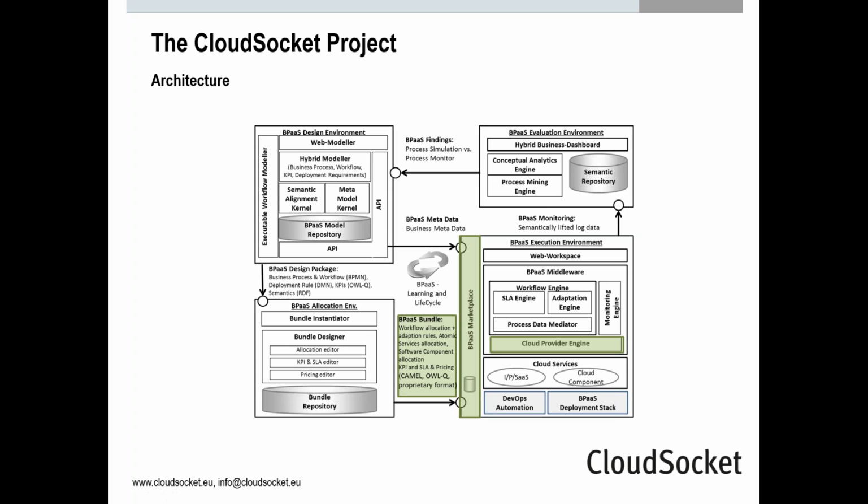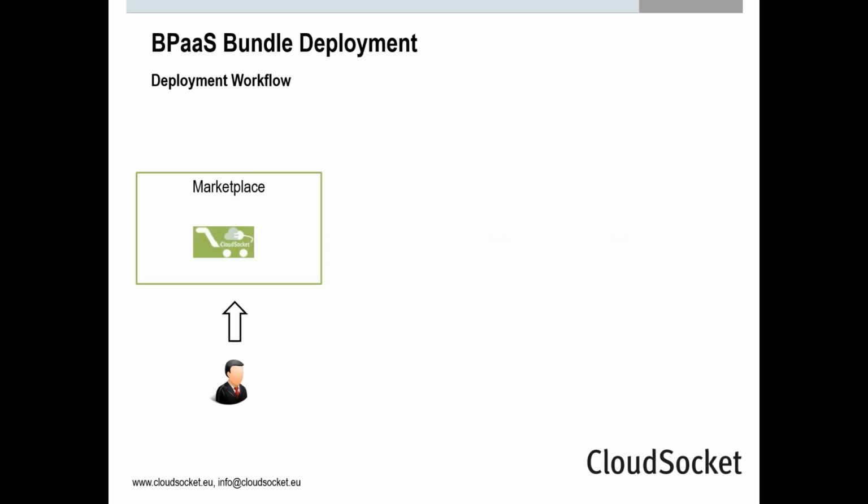So let's have a very high level, or still a high level view on the deployment of a BPaaS bundle. Which steps are required to deploy such a bundle? Well, let's assume we got an SME which needs a business process which is available at the CloudSocket marketplace.